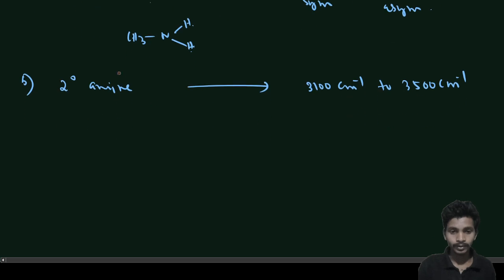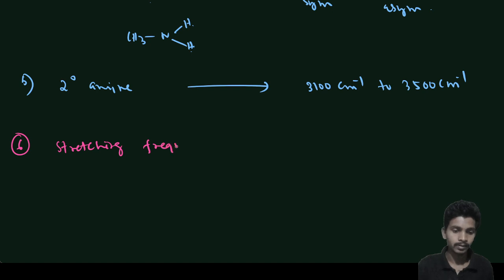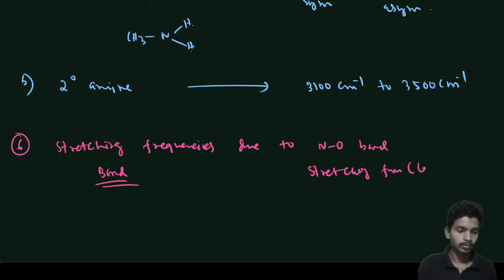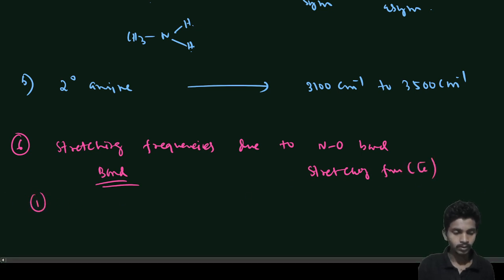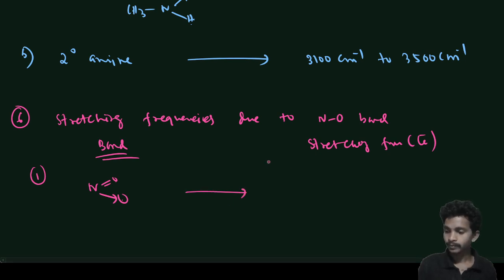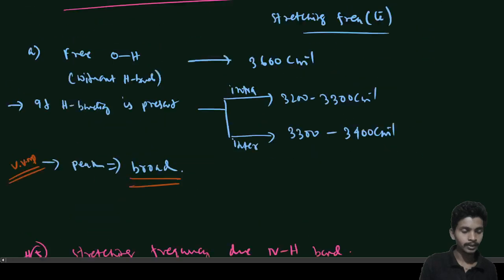And the last type we will discuss, the sixth, is the stretching frequency due to the NO bond. Here also the two atoms are similar, so you get two peaks.